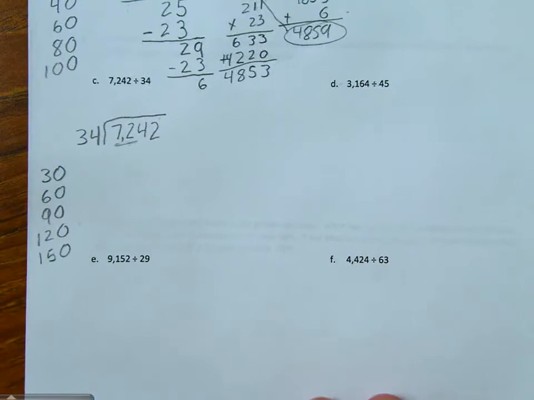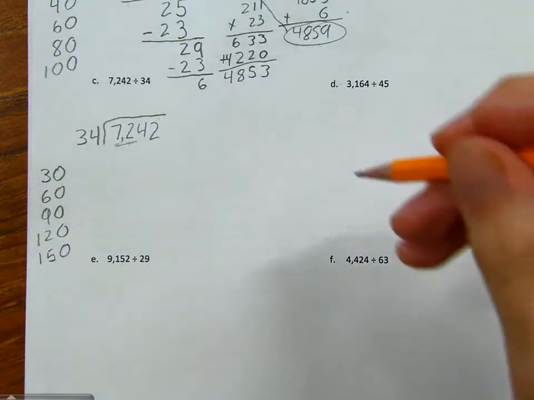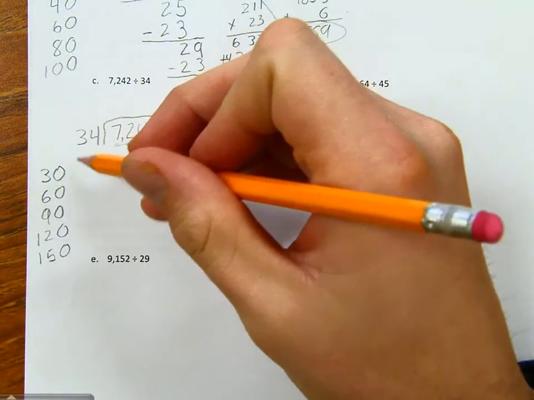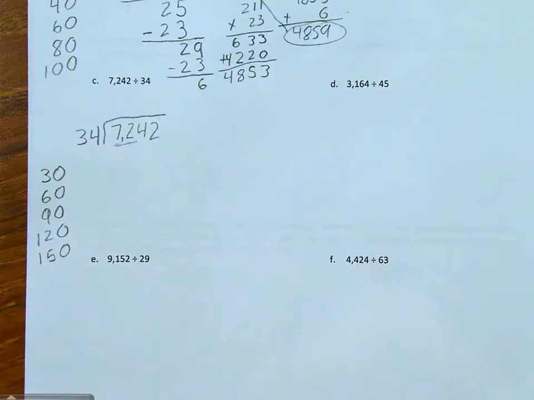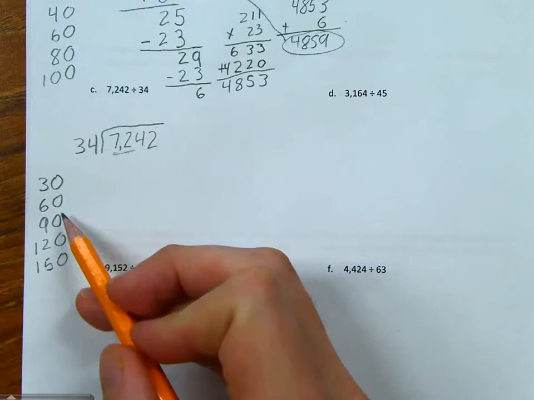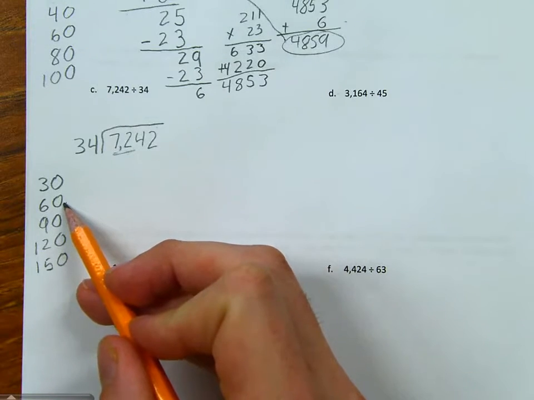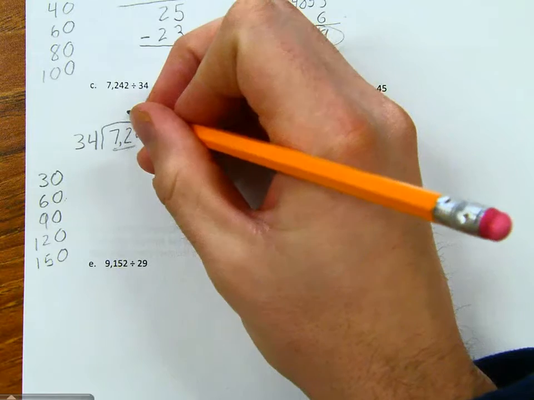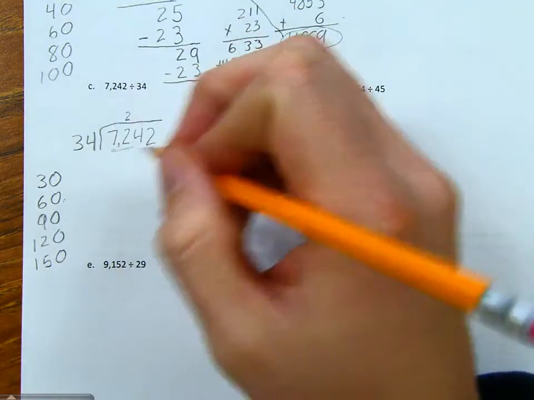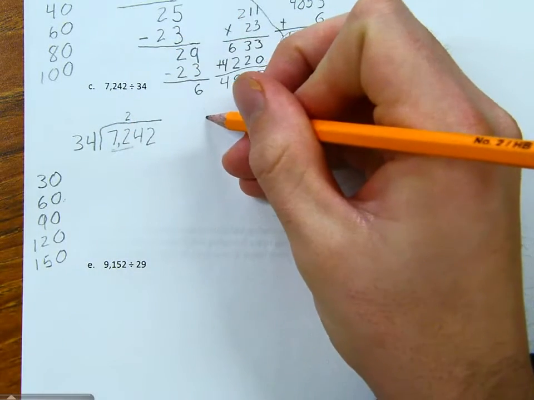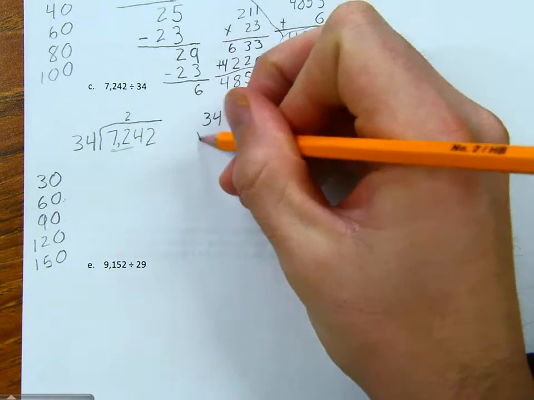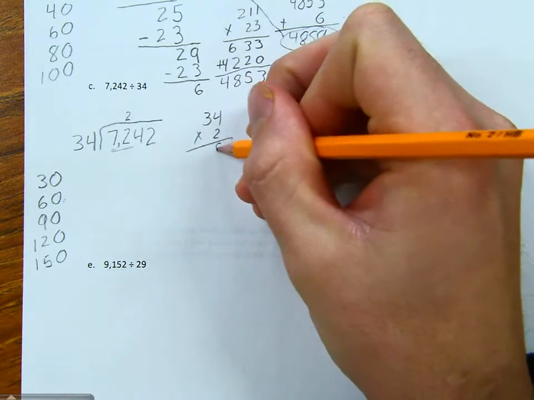If we need more, we can continue. And if I look at my 30s, it looks like 90 is too much. We can go in 2 times, so that would be my guess. We'll go in 2 times there, and then we have to do 2 times 34. So 34 times 2 is 8.